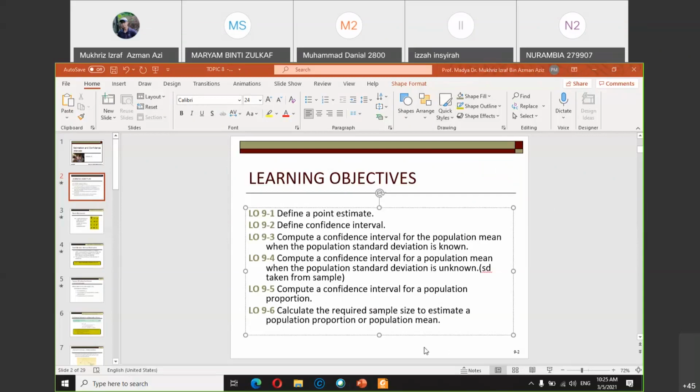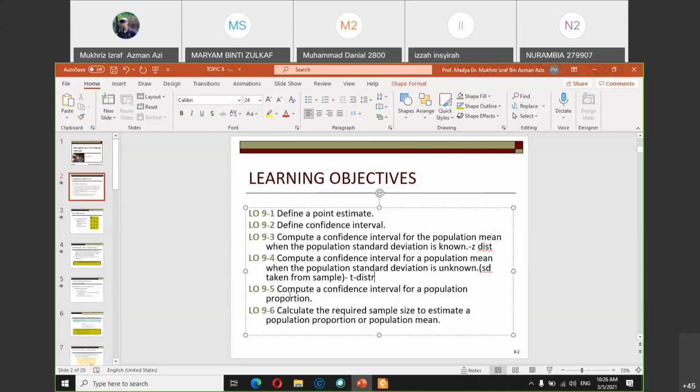So topic 9.5 and 9.6 here involve calculating the confidence interval when it involves proportion. This usually will involve the Z distribution, not the T distribution. So this one, 9-3, is using the Z distribution, meaning that when sigma is known, you're going to use Z. When sigma is unknown, meaning you use the standard deviation calculated from the sample, you're going to use the T distribution.